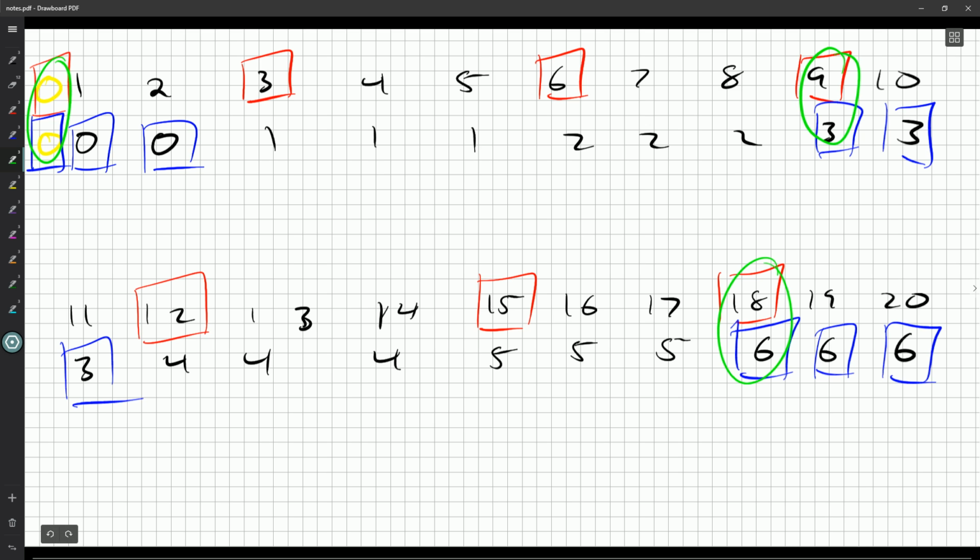So we get 6 red numbers to eliminate from 20, and we get 8, or 9 if you count this guy here, 8 blue numbers to eliminate, but 2 of them, or alternatively you might view it as 3 of them, are sort of double counted when they're eliminated. So that's something to watch out for.